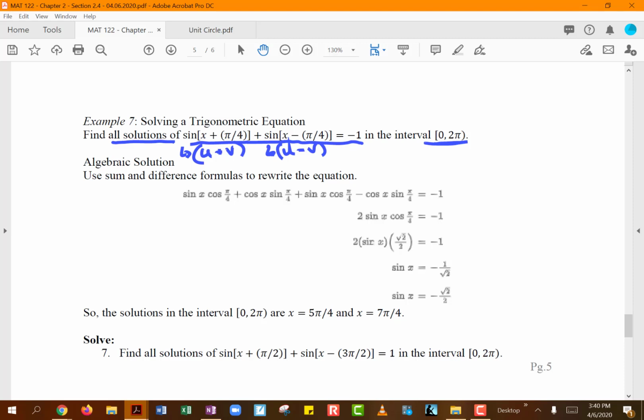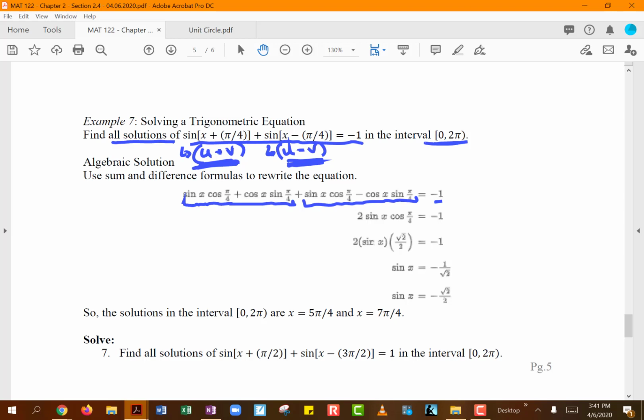So this is sine of x cosine of pi over 4 plus cosine of x sine of pi over 4. This part here is coming from this first part, and then sine of x cosine of pi over 4 minus cosine of x sine of pi over 4 is coming from this second part, and you're of course setting it equal to negative 1.